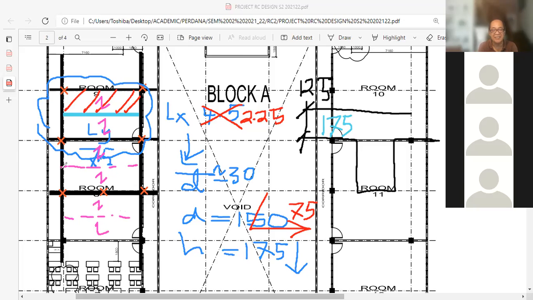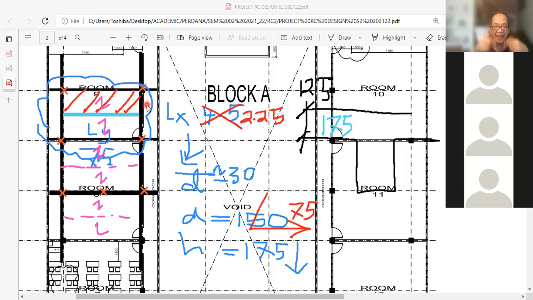Okay. So this is the option that you have. You can maintain as it is, maintaining LX at 4.5. Then you would roughly require a thickness of 175 mm for the overall thickness of the slab. Or you can try to reduce the thickness of the slab by reducing the span. To reduce the span, that is the reason why we introduce the secondary beam. The secondary beam is introduced so that the LX is now reduced from 4.5 to half the value, 2.25.